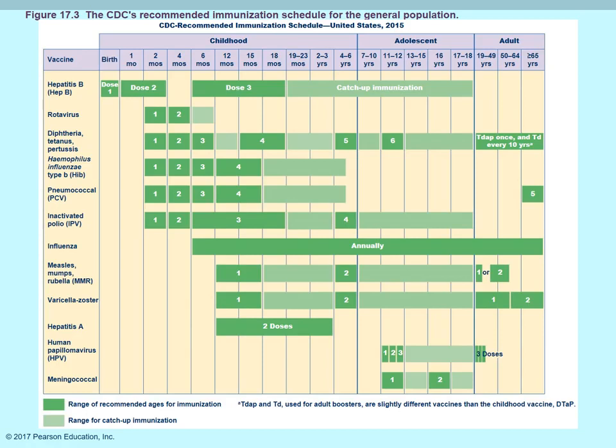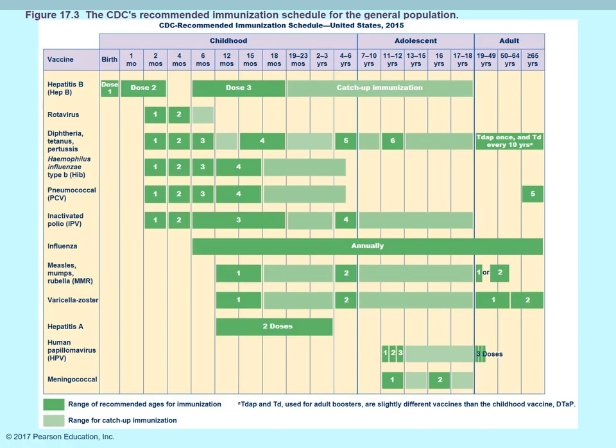I am not going to ask that you memorize this because it changes a lot. The tetanus one, I remember for a while it was for boosters every 10 years, then they went to every 5 years, then they went back to 10, then they went to 7. It's constantly changing, and to be honest with you, by the time you finish nursing school or whichever program you are going through, it's probably going to change again.